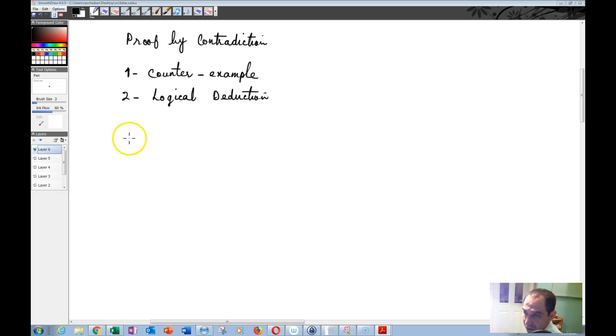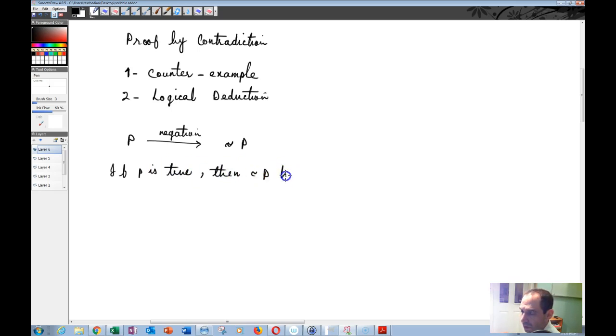So we said that if we had a statement P, the negation of that statement was not P. And we also said that if we wanted to check whether we had done the negation right, the condition for that was that if P is true, then not P has to be false, and vice versa.